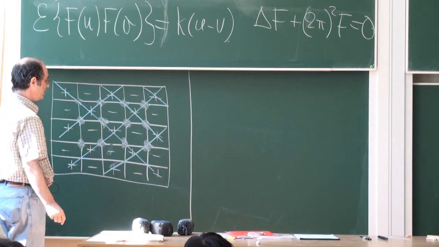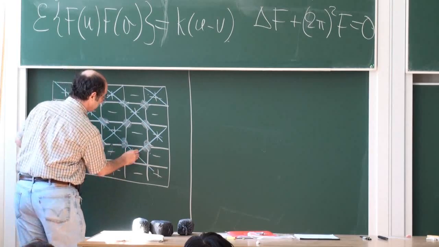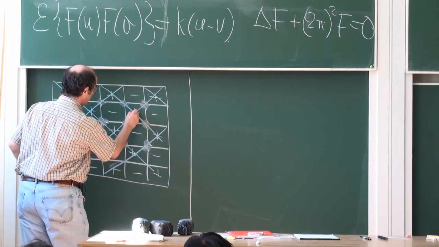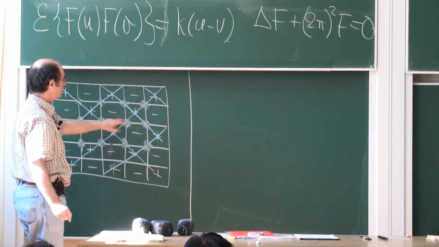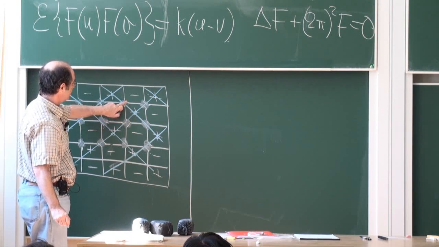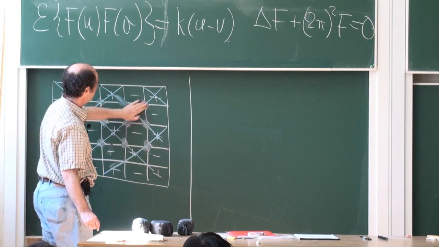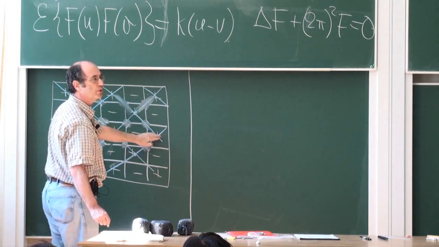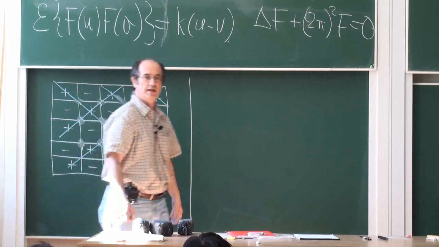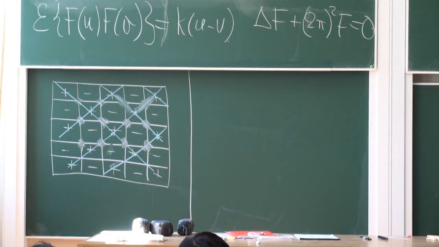And now what we did: for each bond, with probability 1/2, the bond is either open or closed. So this bond is closed, so we need to erase this. This bond is closed, this bond is open. So what we arrived at is bond percolation on the square lattice.